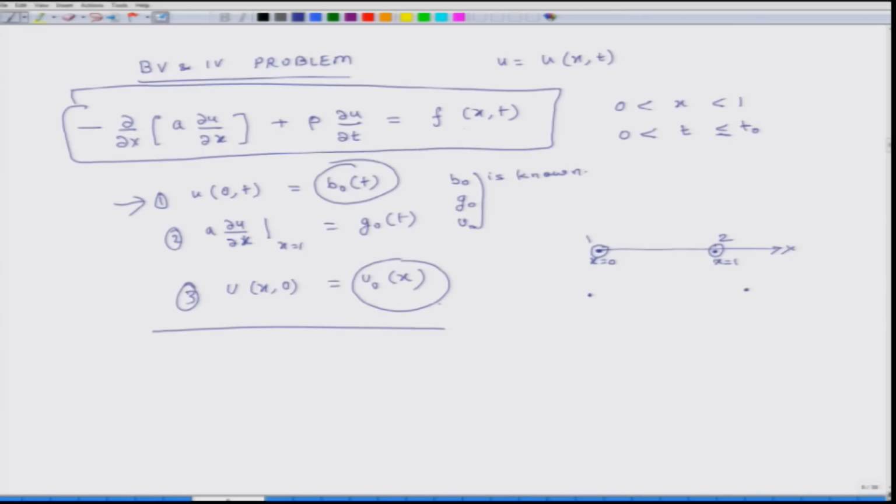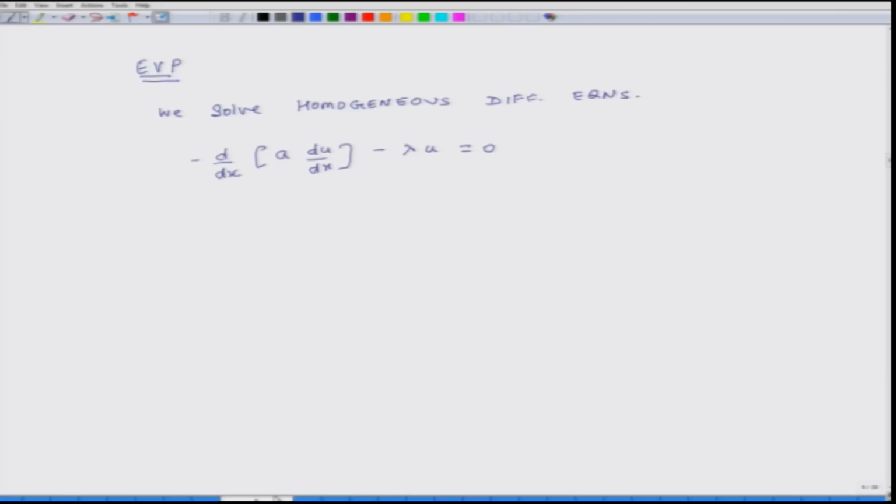Why? Because of the right side of the equation. On the left side we have put all things related to u, which is the dependent variable. On the right side there is no u term. The non-u term is f of x, t, it is a forcing function, and here the forcing function is non-zero. Now we look at this equation. Here all terms on the left are again in u or its derivatives, but on the right side the forcing function is 0.